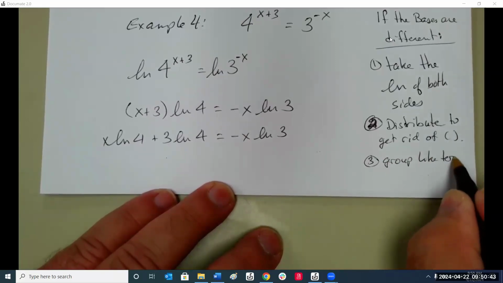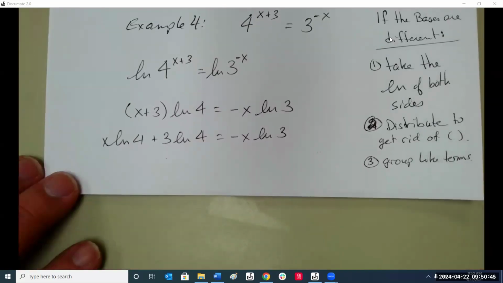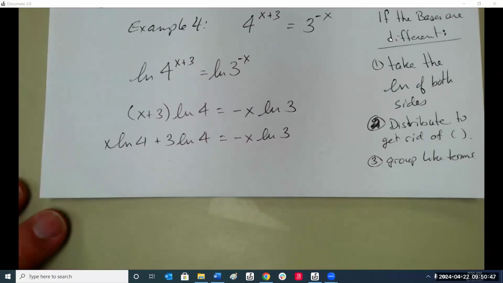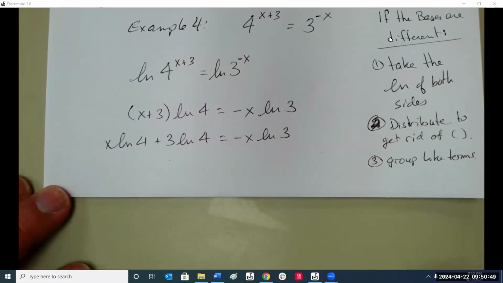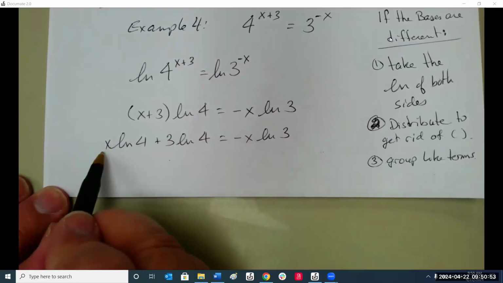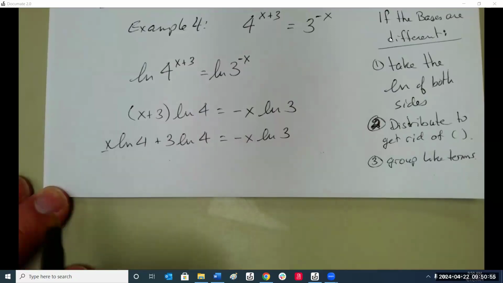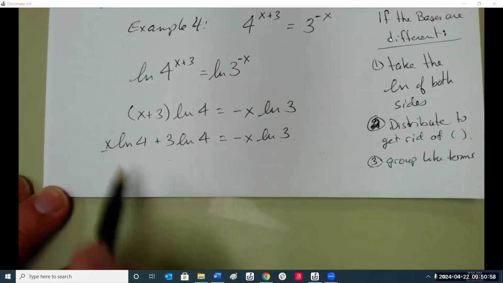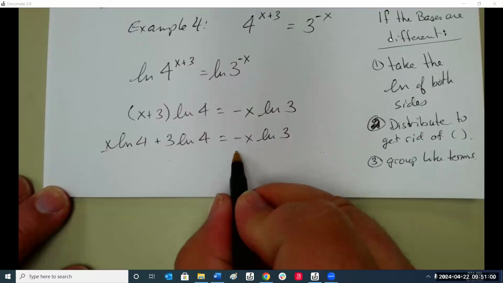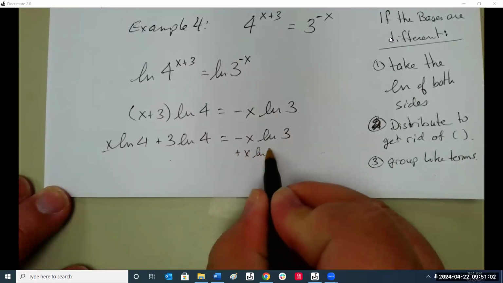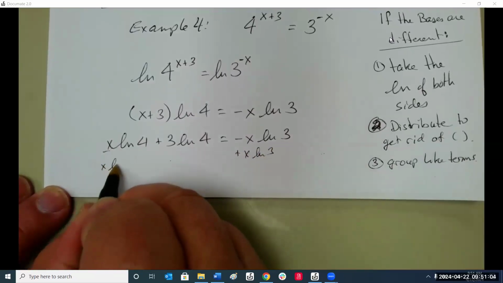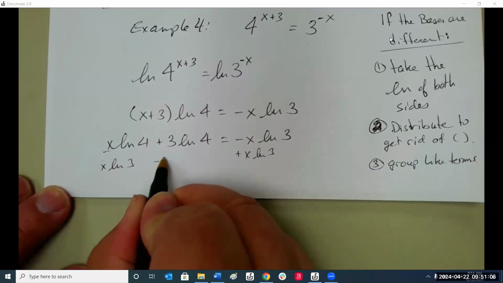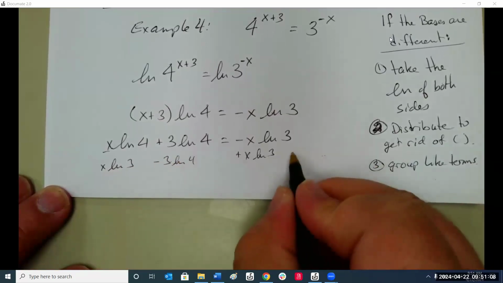Group like terms. That means anything that has an x goes on the left side, or any side. Since positive is on the left, I'm going to add x ln 3 to both sides and subtract 3 ln 4 from both sides.